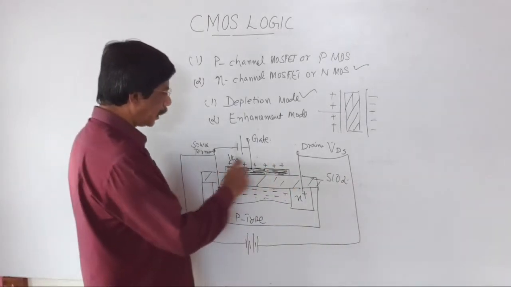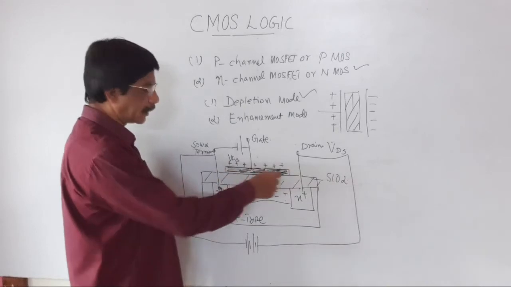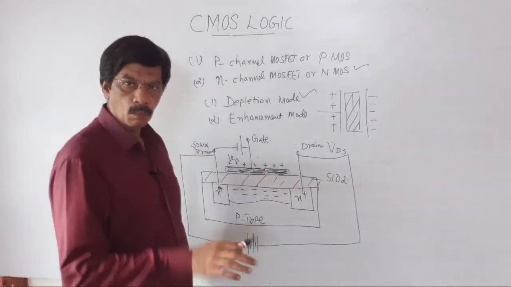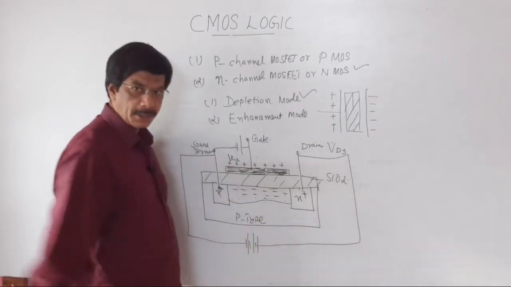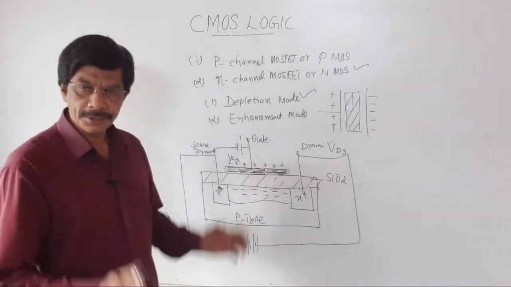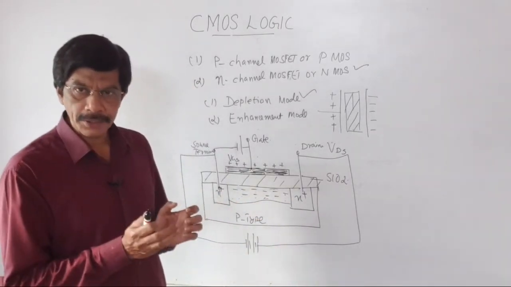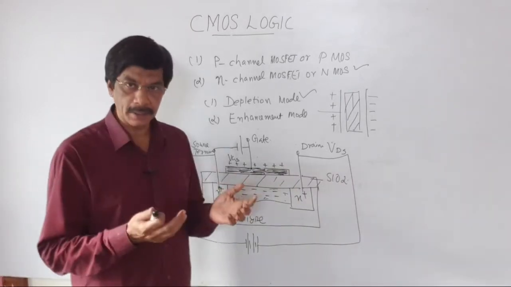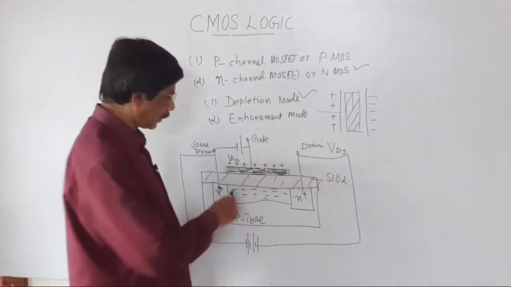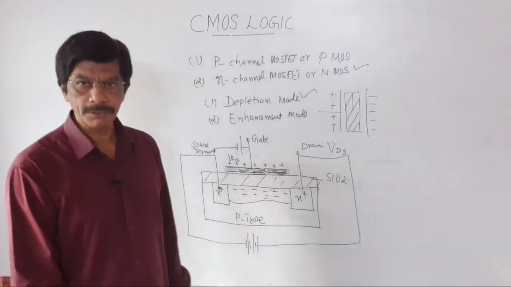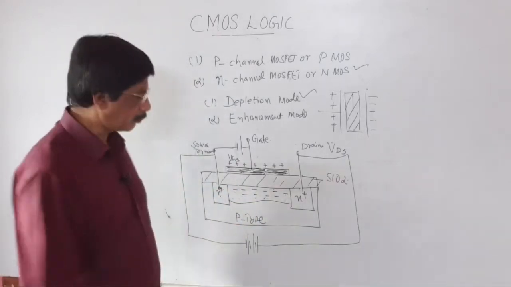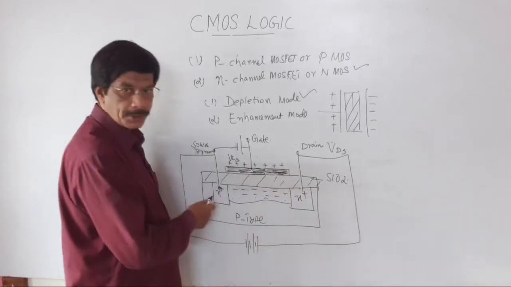By introduction of positive charges on the gate terminal, more negative charges are induced in the channel region. Therefore, the density of negative charges in the channel region increases, or the conductivity of the channel region increases. Therefore, more current flows from drain to source terminal.